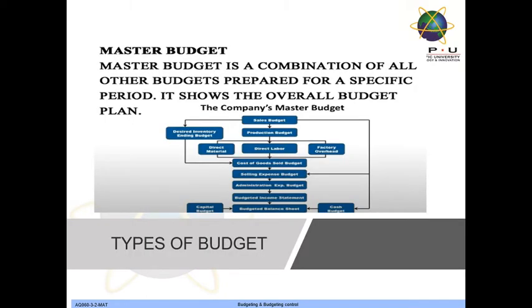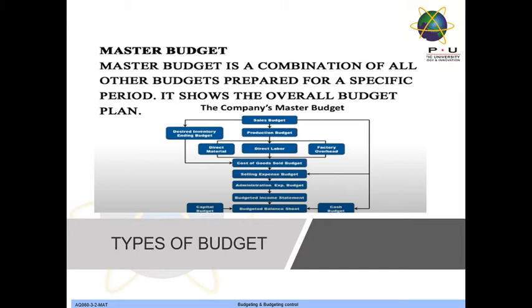Okay, so we continue with the types of budget. In budgeting, we have different types of budget. The first budget that we have to know is the master budget. The master budget is a combination of all other budgets, prepared for a specific period, which shows the overall budget plan.